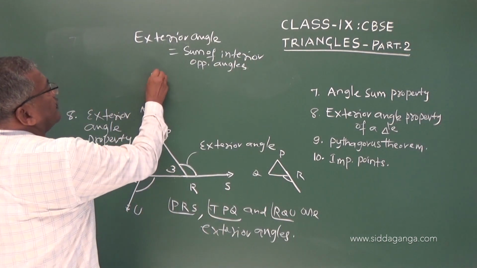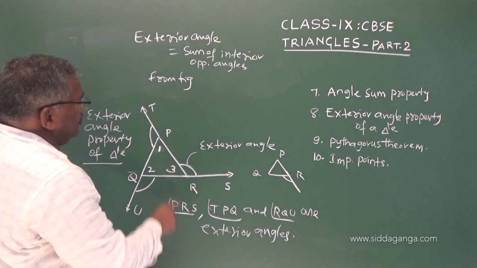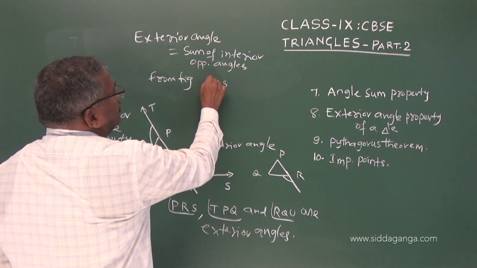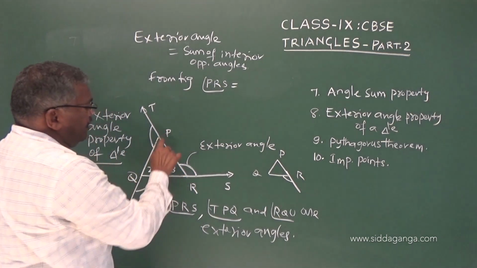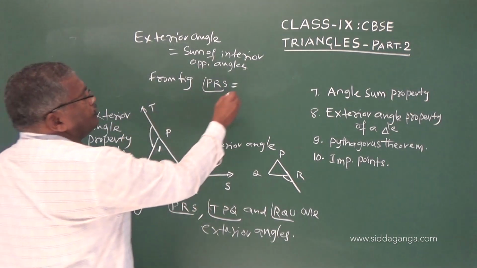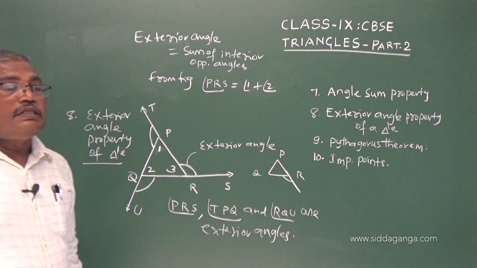So from the figure you can see PRS will be equal to, PRS is the exterior angle, so interior opposite 1 plus 2, angle 1 plus angle 2.